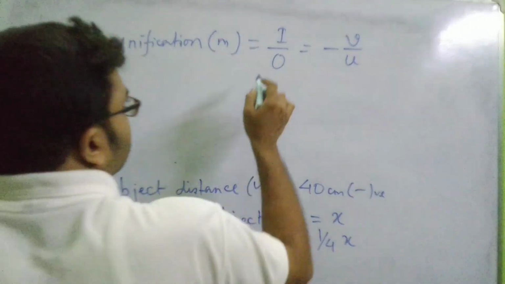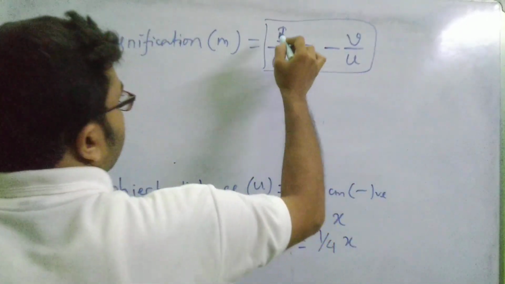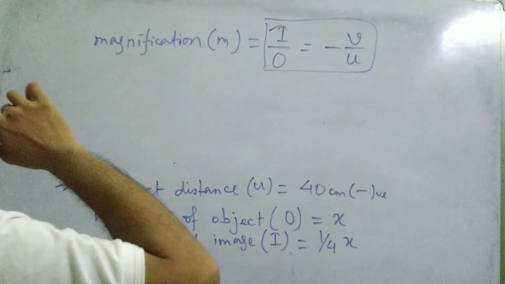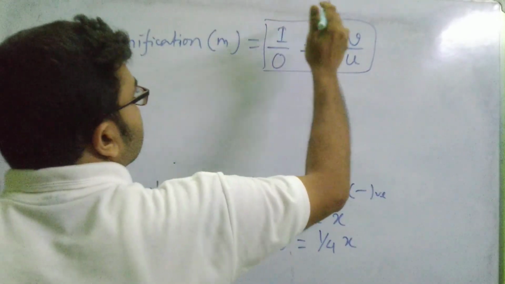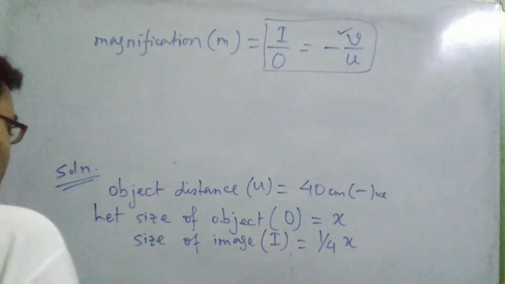Okay, so we will be just utilizing this part to find out the image distance, so we have to find out this V. Okay, so let us see how we can do this.